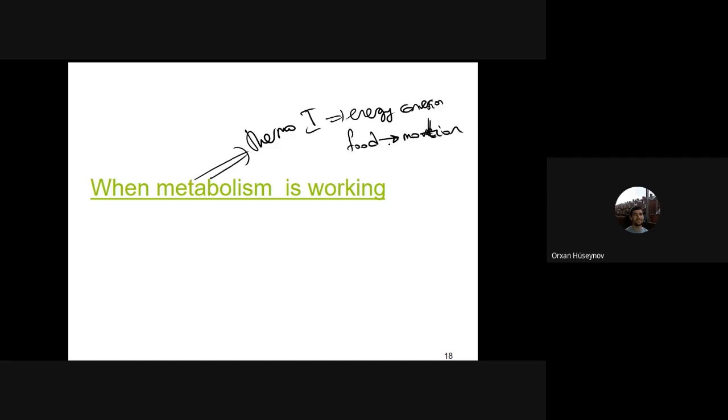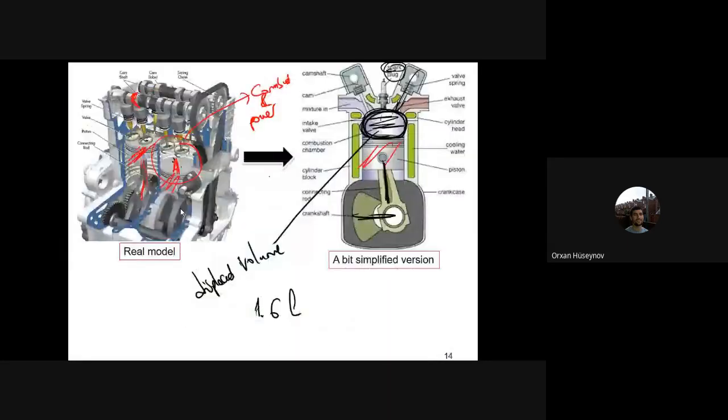This one has chemical energy, but at the end of this conversion, you have this energy conversion from food to motion. That is thermodynamics 1. Good. Another application of thermodynamics.